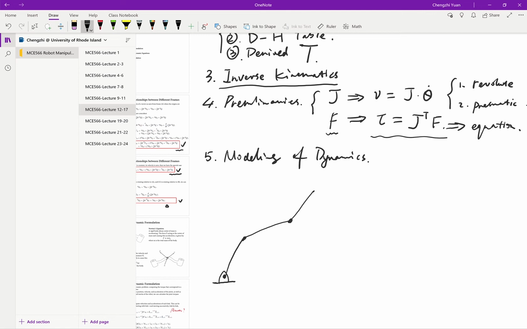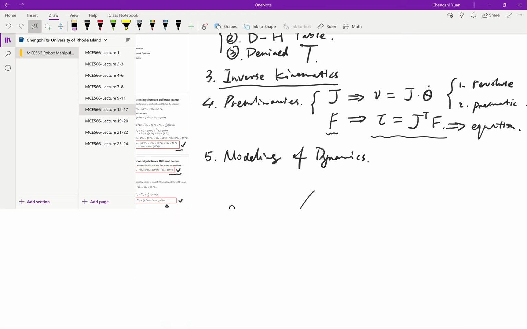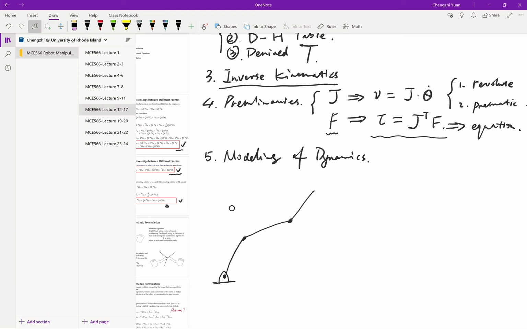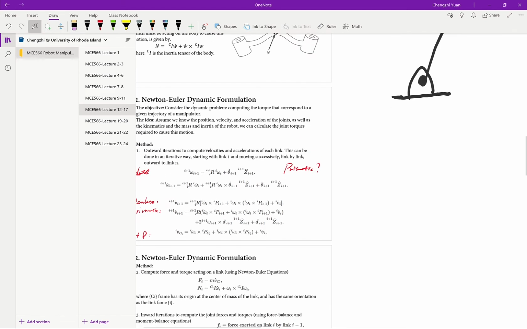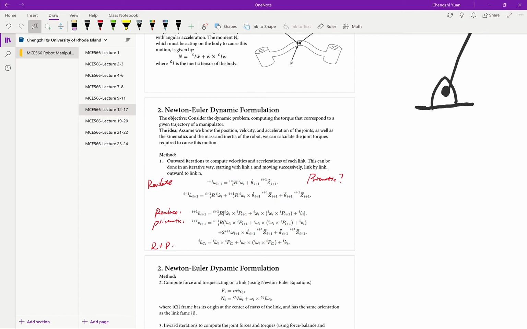So the objective of the dynamics model is trying to, let's go back to the slides over here. Let's look at the objective. The objective is to consider the dynamics problem: computing the torque that corresponds to a given trajectory of a robotic manipulator.